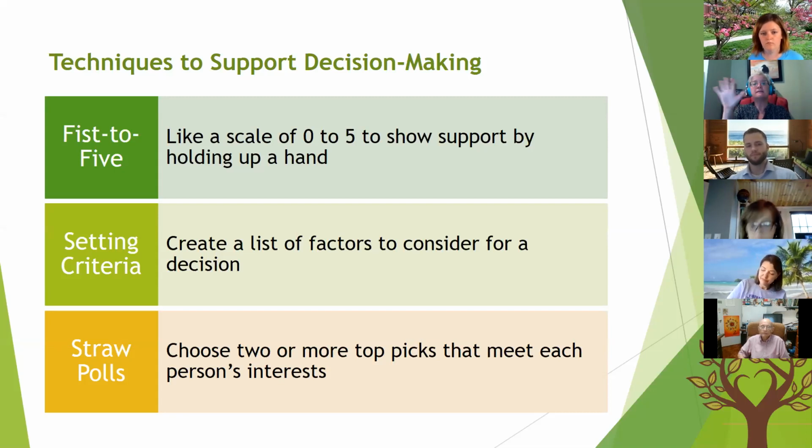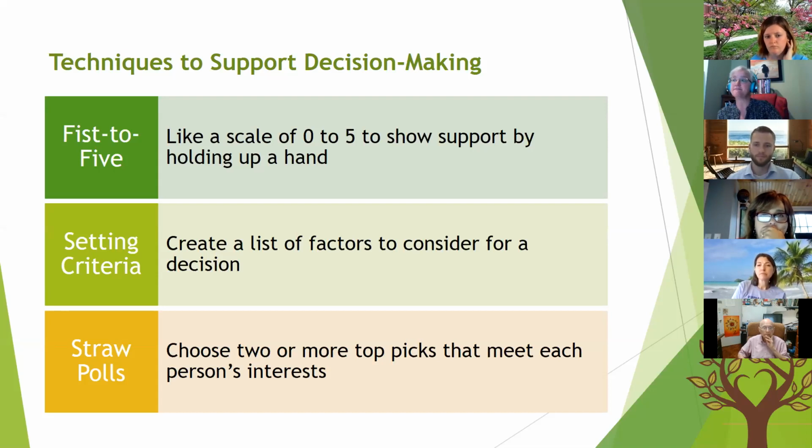And then there's the 5. So it just gives you a sense, and this works better in a live meeting because it's difficult when you're online to see how everybody's holding up their hands if you have a large number of people in a meeting. But it's a quick way to get consensus of a group, particularly if your group trusts each other and is able to be transparent with each other about how they're feeling about something. So that's fist to 5.